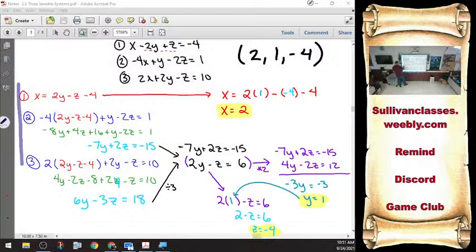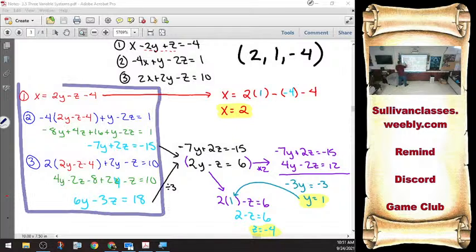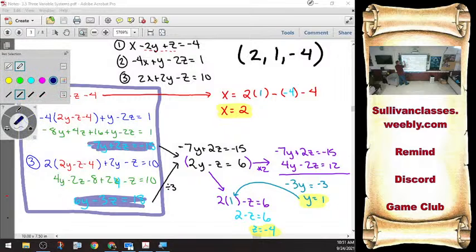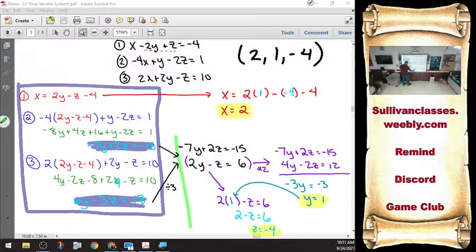Step 1 was to eliminate a variable 2 different ways, getting a two-variable system. It creates a two-variable system to solve.